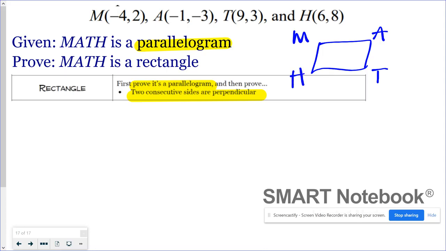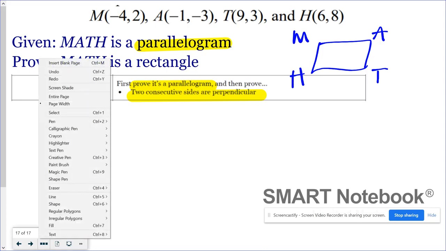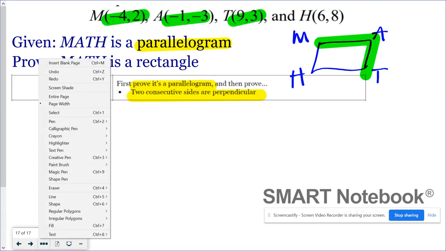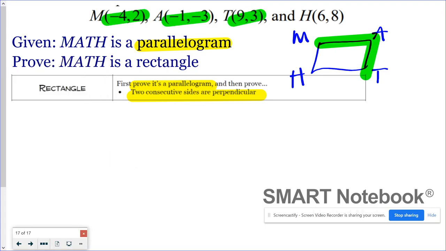I need to pick 2 of these sides to show that they are perpendicular. So I'll go with side MA and side AT. And I'm going to find the slopes of those 2 sides. So let's start with the slope of side MA.